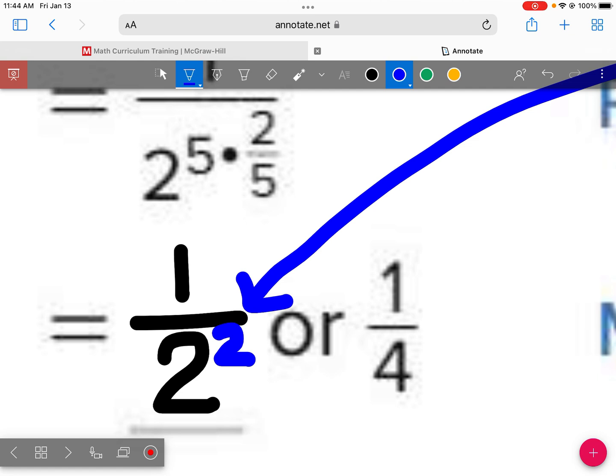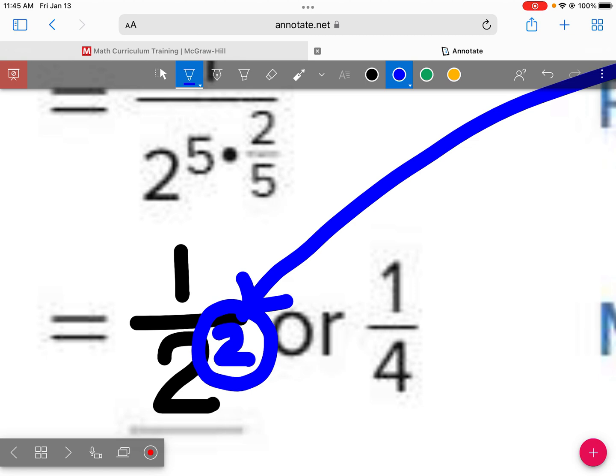The exponent was 5 times 2 to the 5th, which we just did right here. So we simplified our exponent, and we got a 2 when we simplified our exponent. It's kind of confusing because they're both the same number. What is 2 squared? 4. So this is 1 over 2 squared, or that's the same thing as 1 over 4.